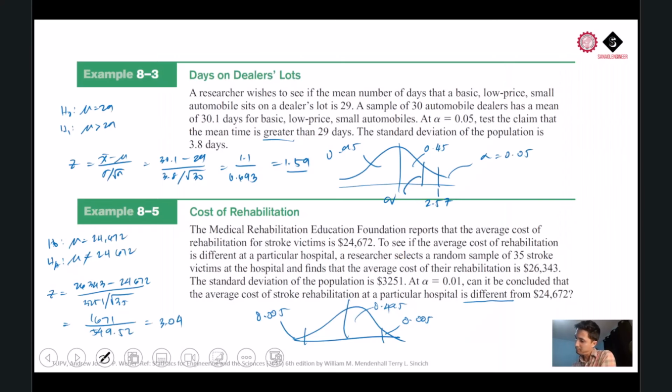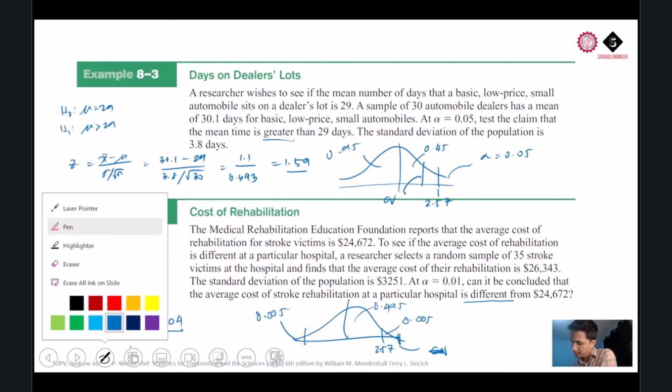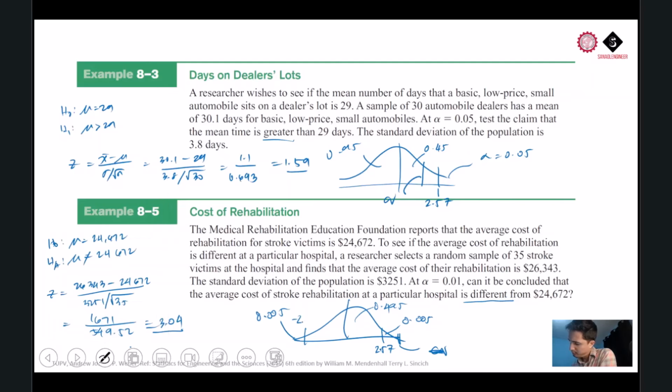So the critical values are plus and minus 2.57, and the test value of 3.04 is beyond the critical value.